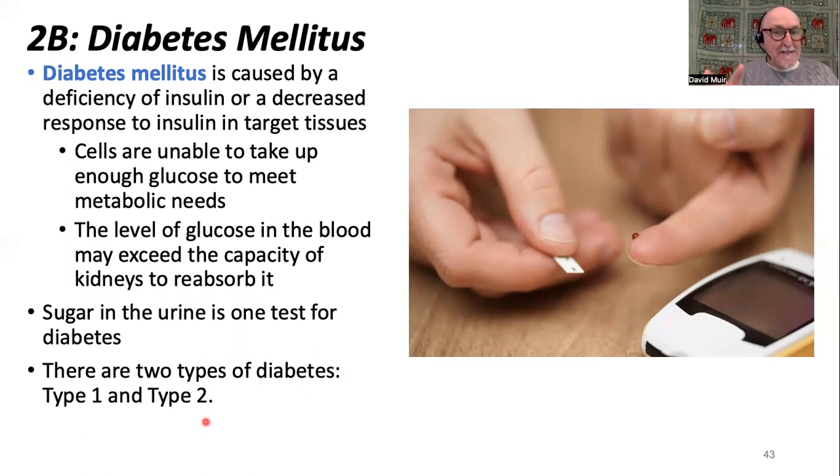Not always, it's not always that simple. But type 2 diabetes does not respond to insulin, because the cells can't respond to insulin. It is treated usually with dietary change and exercise.